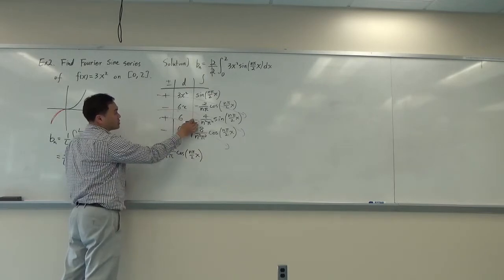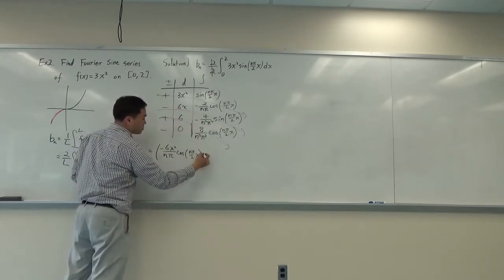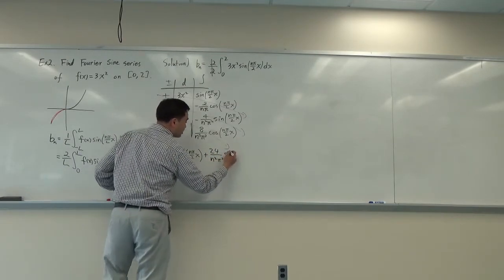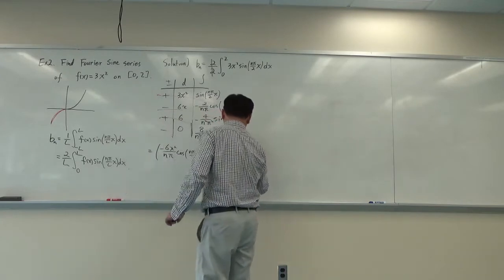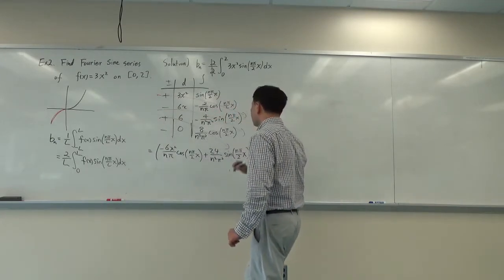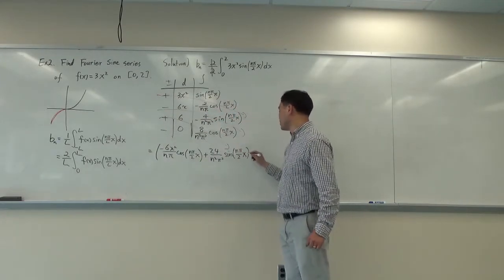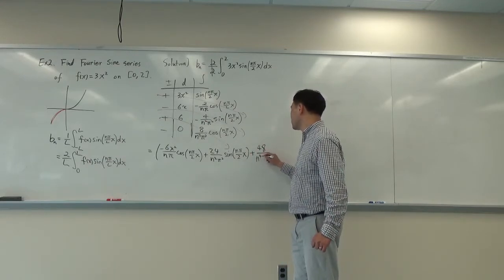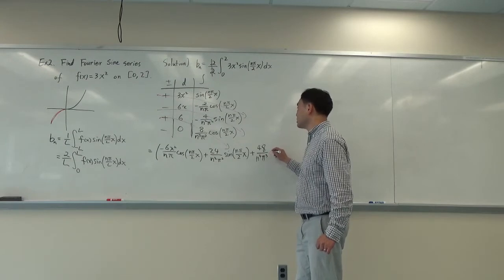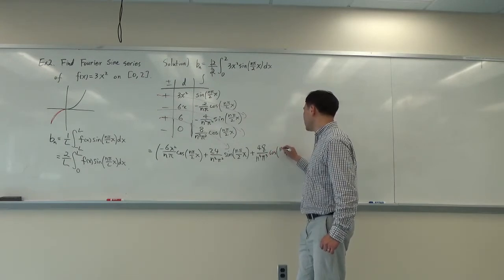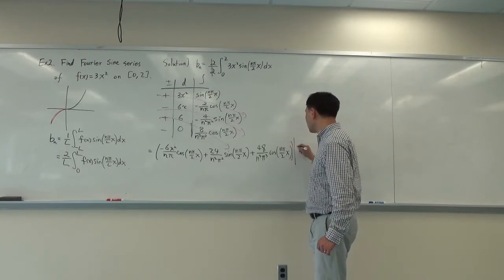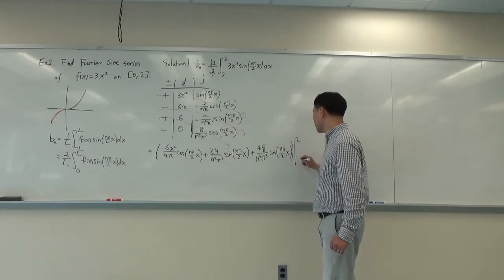Then negative times negative, positive, 6 times 4 is 24, so it's plus 24 n squared pi squared sine n pi over 2x. And then 6 times 8 is 48. You have n cubed pi cubed cosine n pi over 2x. And then you plug in 2 and then 0.